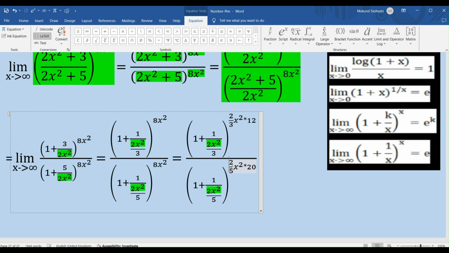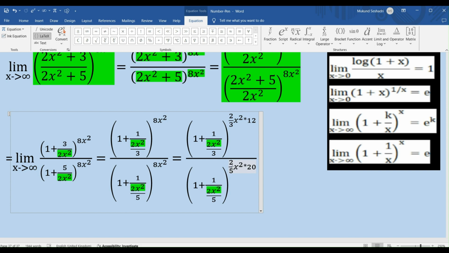In the numerator, we have written 8x² as nothing but 2/3 x² into 12. 2 by 3 into 12 is nothing but 8, so that does not change the expression. And in the denominator, we have written 8x² as 2/5 x² into 20, because 5 fours are 20, and still you have your 8x². So we haven't changed anything in the expression.